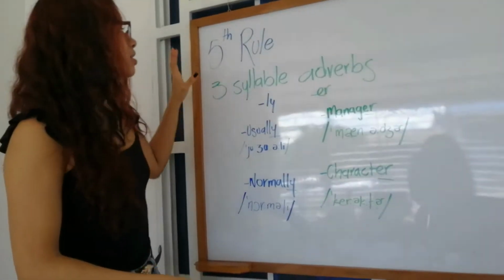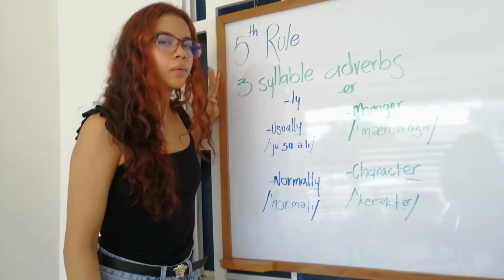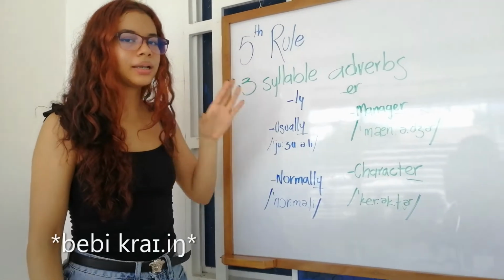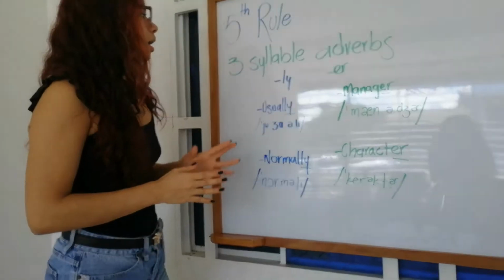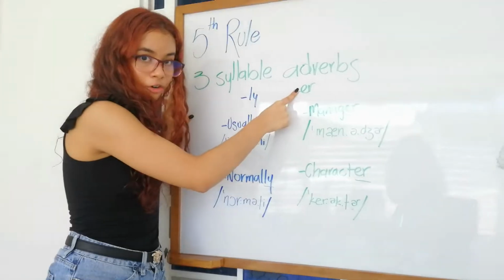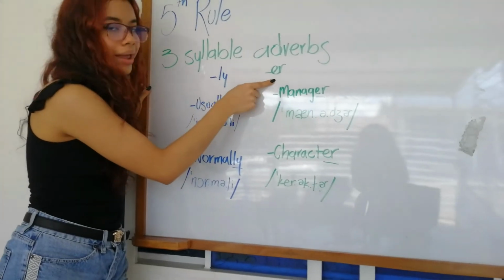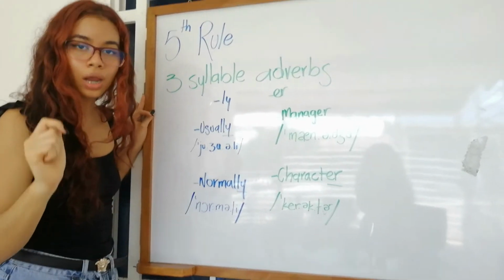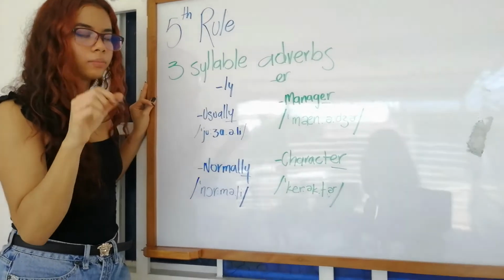Now let's jump into the fifth rule. This is a little bit more complicated than the fourth one, but it's still really easy. The rule says that in a three-syllable word whose ending is "ly" or "er," the stress is going to be in the first syllable. I'm going to give you examples.